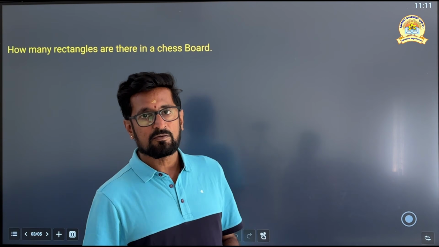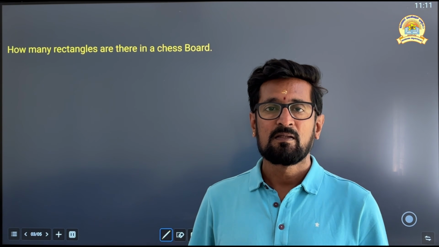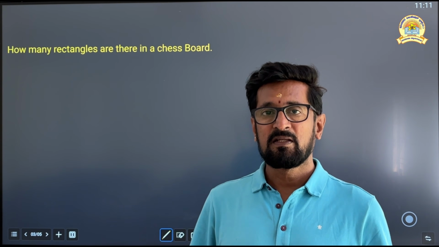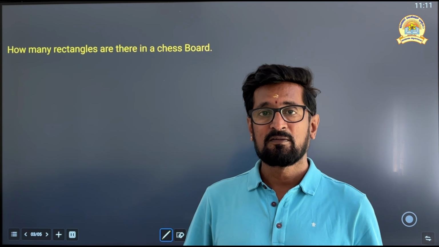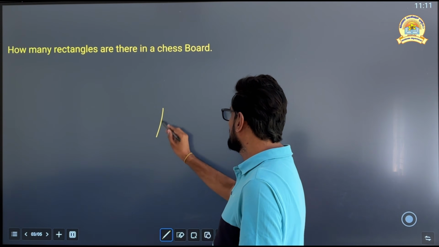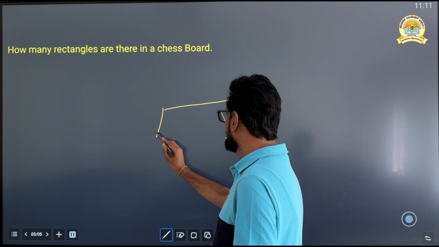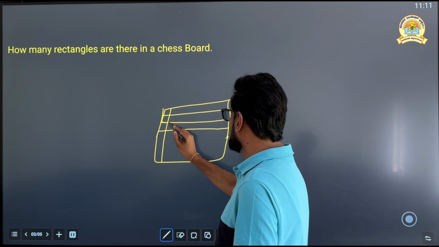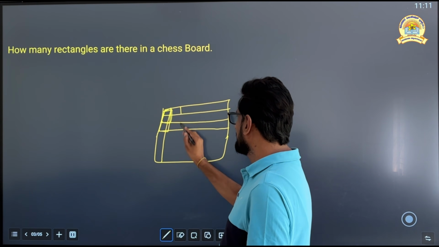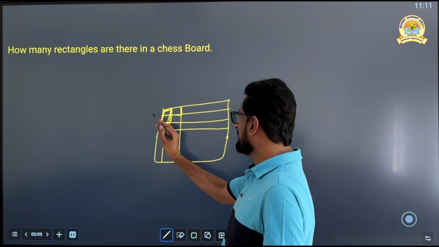Thank you. The next question is, how many rectangles are there in a chessboard? Generally, to count all the rectangles, see, suppose we take a chessboard like this, this entire board becomes one rectangle, and similarly this entire part becomes one rectangle.